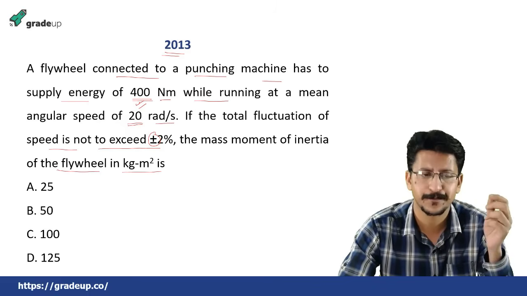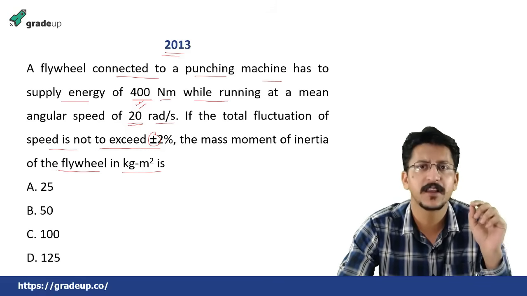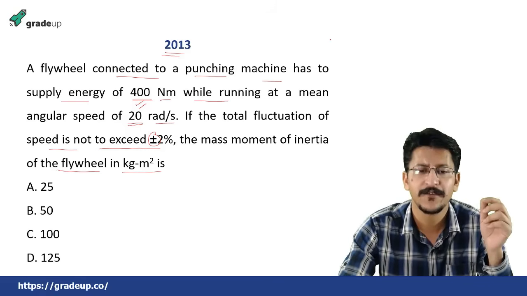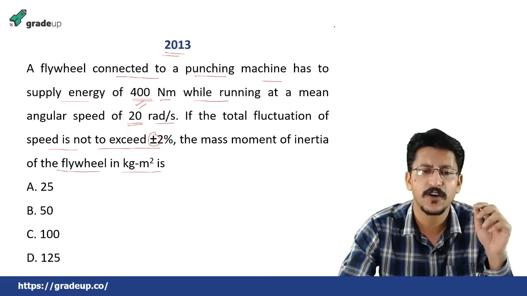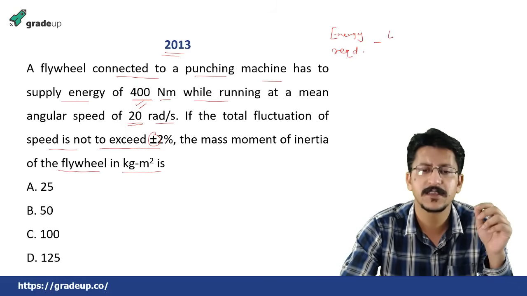In the last class, when we were talking about the application of the flywheel in the case of power presses, we saw that some energy was required for the press or for the punching operations, and then some energy was provided by the motor.